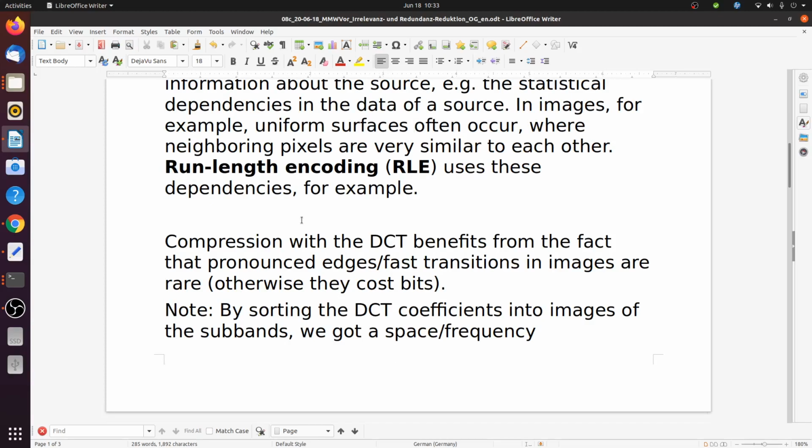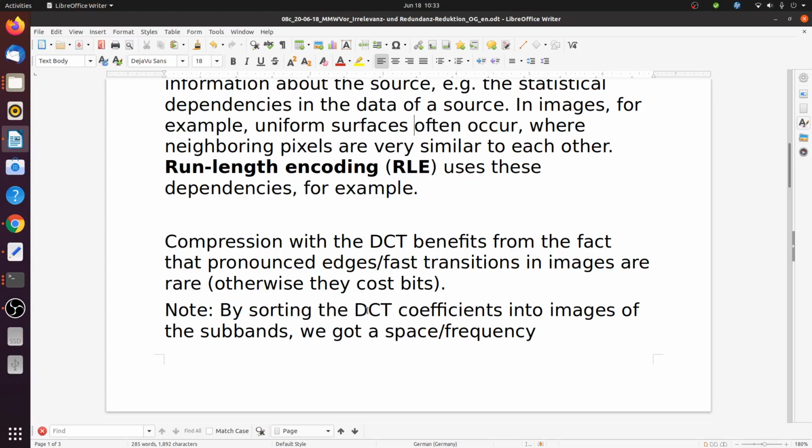So compression with a DCT benefits from the fact that pronounced edges or fast transitions in images are rare, otherwise they would cause many bits, right? Because they contain high frequencies. So here we benefit from the fact that we mostly have more or less even surfaces.